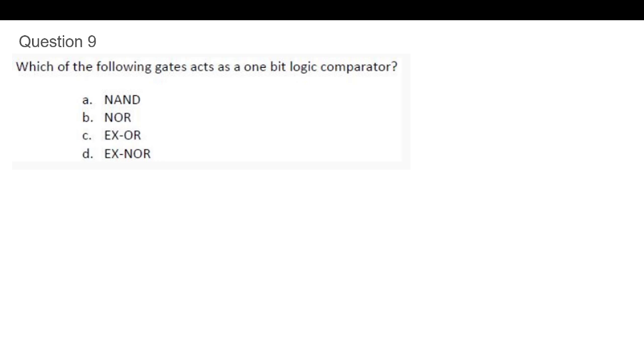The next: which of the following gates acts as a 1-bit comparator? Here we say A equal to B by the word 1-bit comparator. Can you say which of the options is correct?